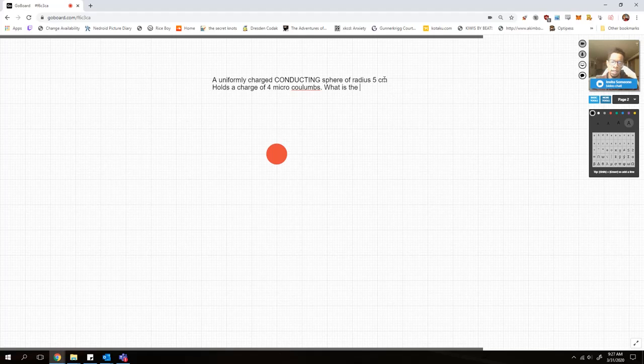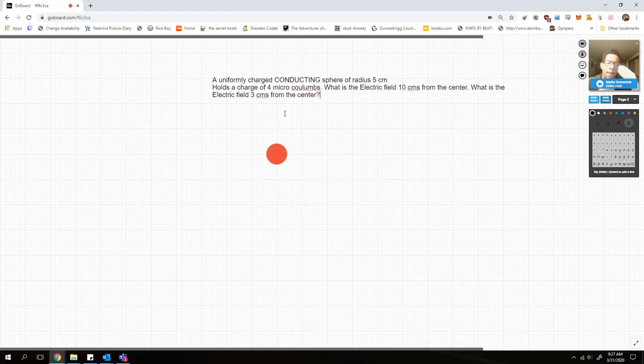What is the electric field 10 centimeters from the center? What is the electric field 3 centimeters from the center?